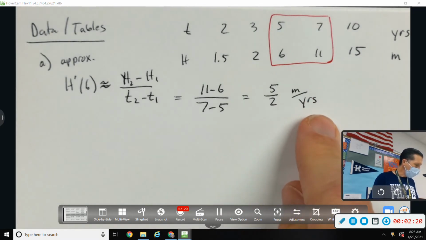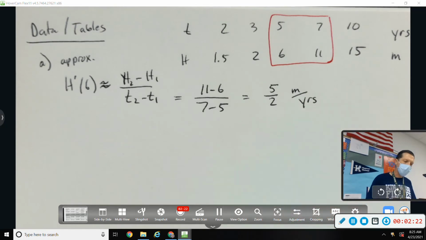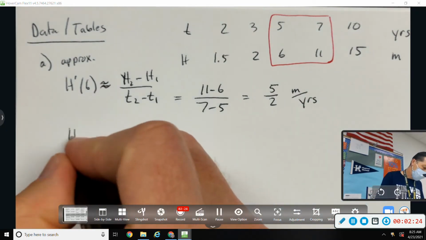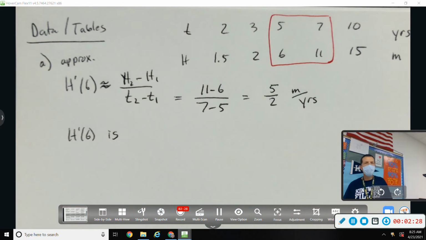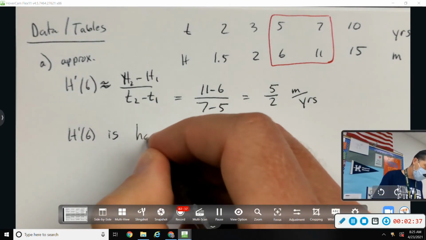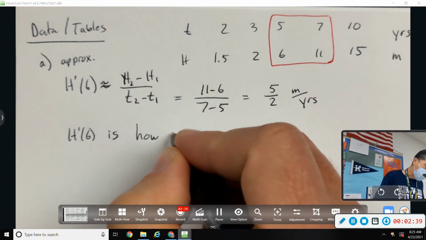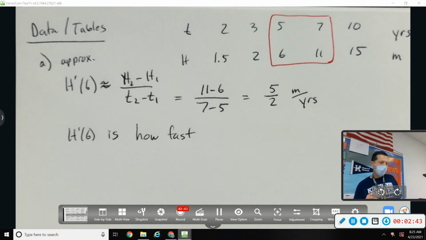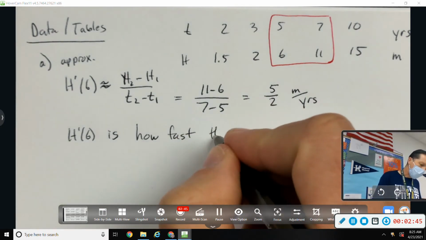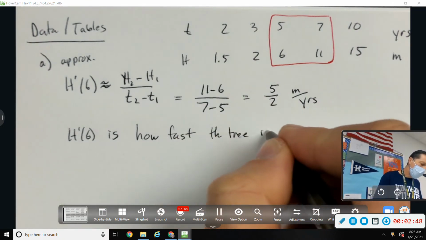Interpret the meaning of h prime in the context of the problem. So what is 5 halves meters per year? What's that mean? It is how much or how fast, or the rate, probably best to use the R word, is how fast the tree is growing.